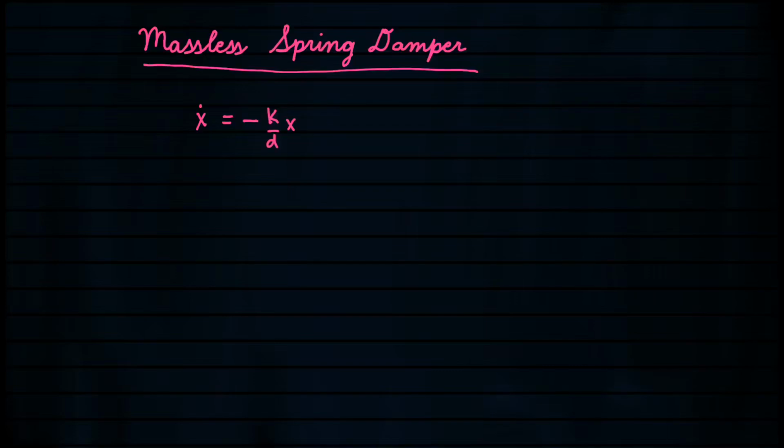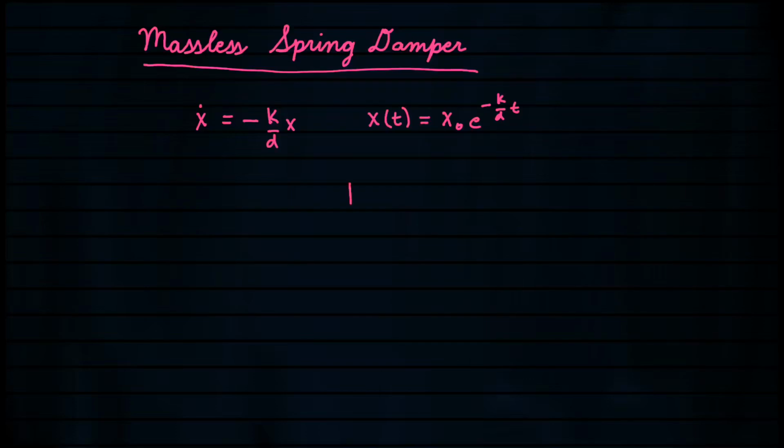And now if we solve this, and of course I won't tell you how to solve it because we're using differential equations here, but we get the equation x of t equals x naught, which is our initial condition, times e to minus k over d times t. And this is going to yield an exponential decay.